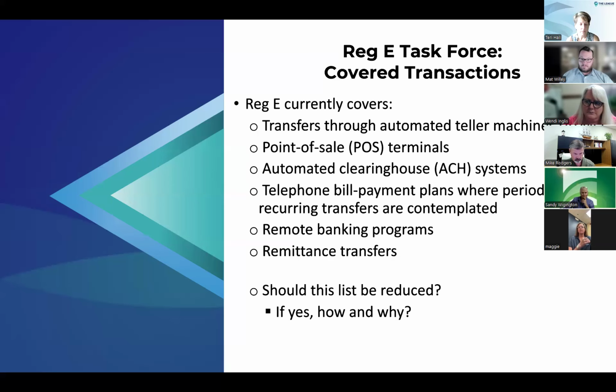So when the member is at the ATM machine and the transfer is taking place, what is different between that and a point of sale terminal? Right. And what's the difference if somebody stole my card and used it at an ATM versus used it at a point of sale? Sure.